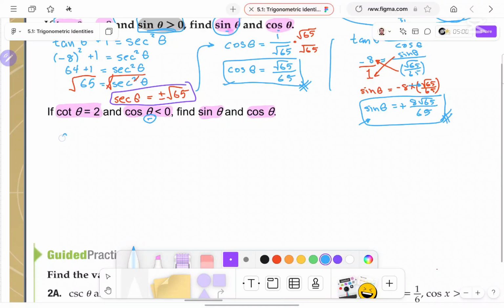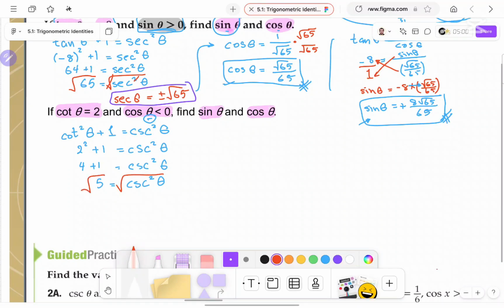So cotangent squared theta plus 1 equals cosecant squared theta. Cotangent is given as 2, so 2 squared plus 1 equals cosecant squared theta, which is 4 plus 1. So 5 equals cosecant squared theta. Now if we take the square root of both sides, cosecant theta is equal to square root of 5, positive or negative.